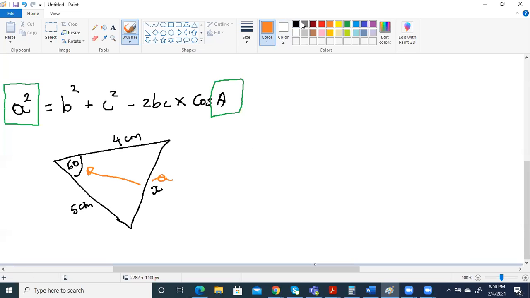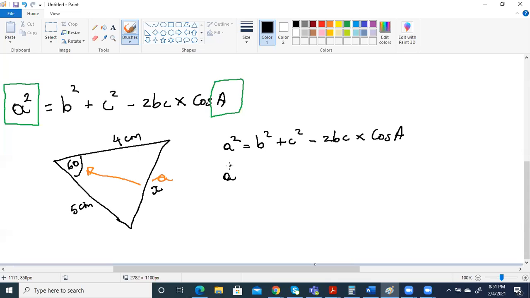So let's see how the formula works now. So a squared equals b squared plus c squared minus 2bc times cosine A. So I've decided that a squared is this here. I'm trying to find it.